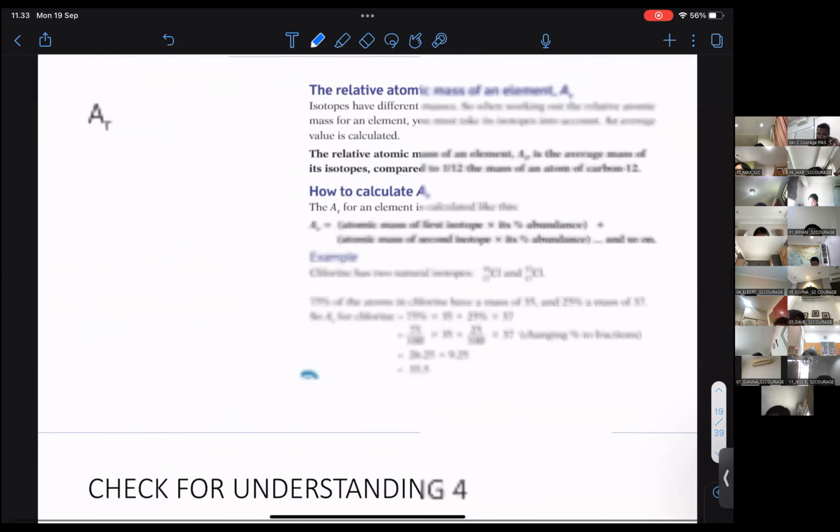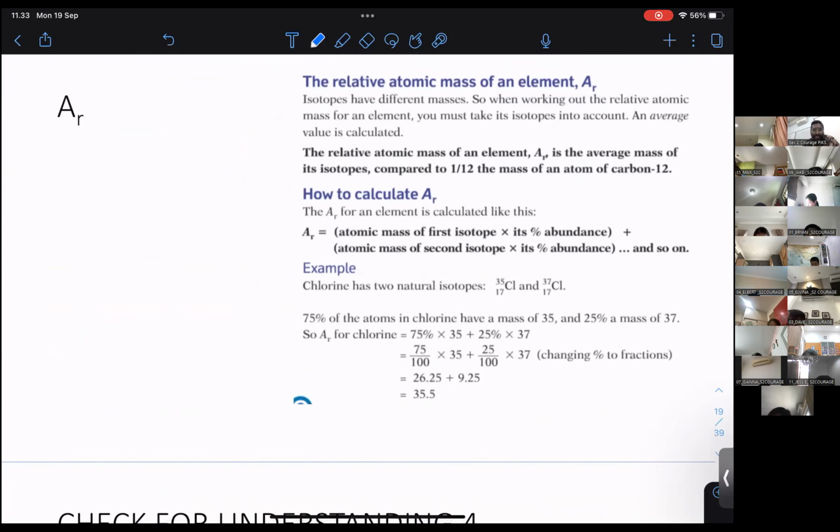But generally, what we are going to look at is this relative atomic mass. Now, relative atomic mass, for example, if you have carbon, I have 6 and then I have 12, what does it mean?